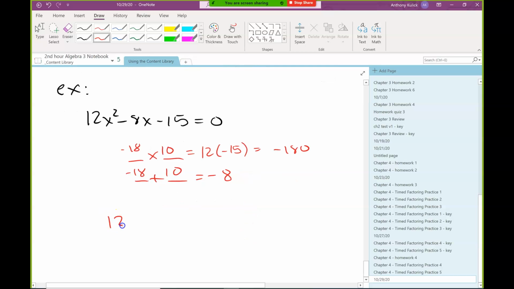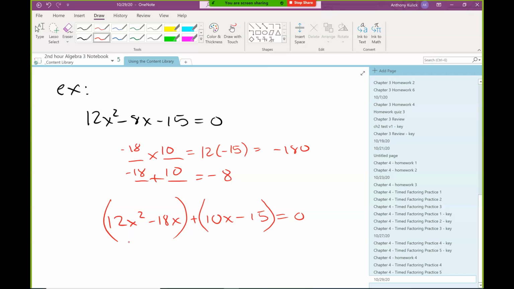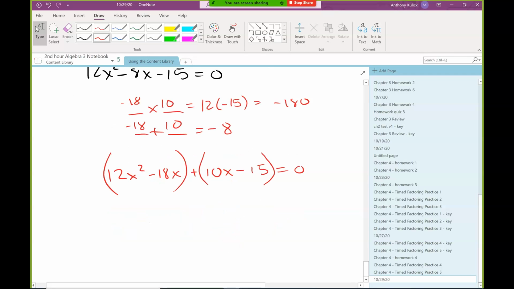So what we do with that then is we're going to replace the negative 8x with negative 18x plus 10x, and make two groups. From the first group, we're going to look for a greatest common factor. What do you see in common between 12x squared and negative 18x?